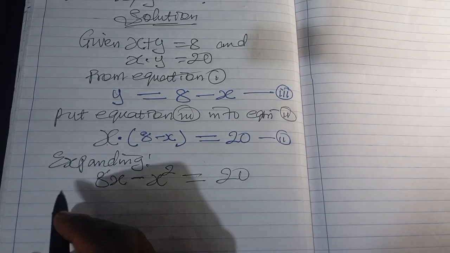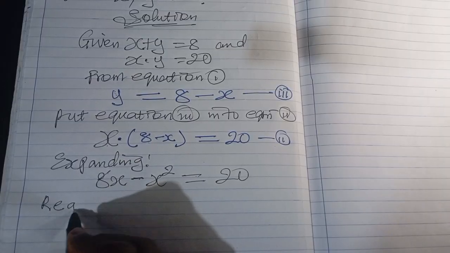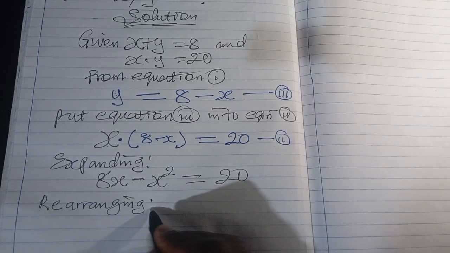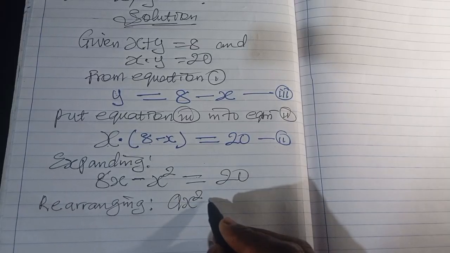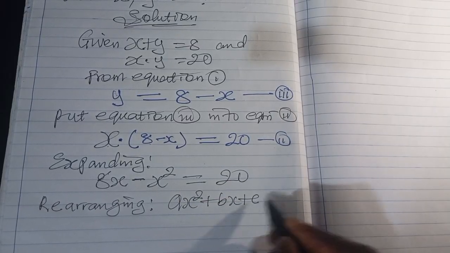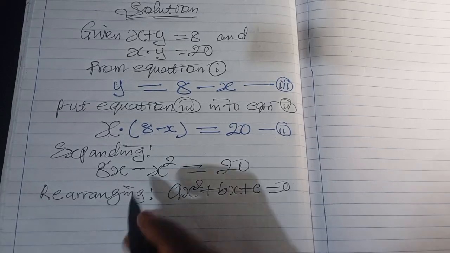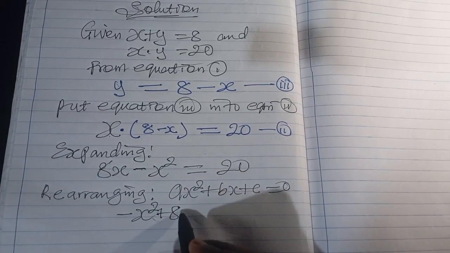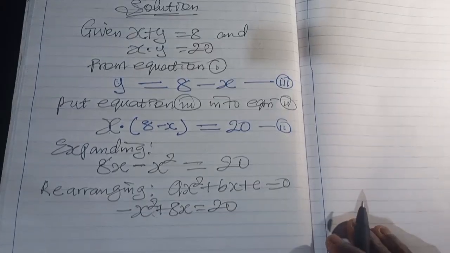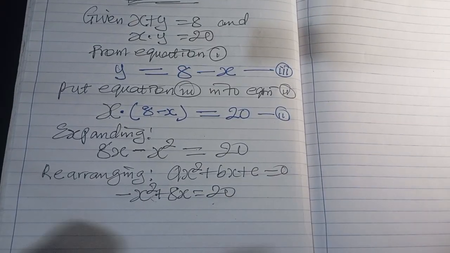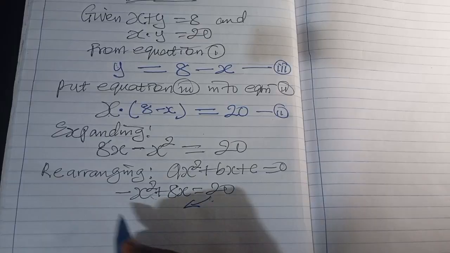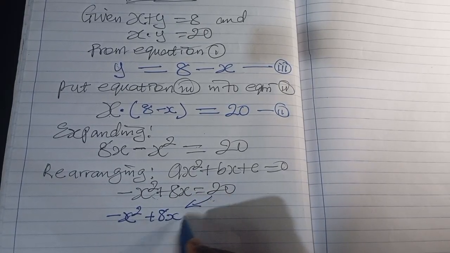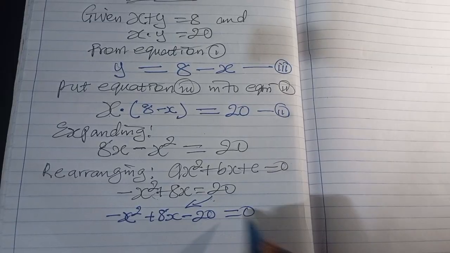Okay, so rearranging so that we can have something like ax squared plus bx plus c equals 0. So I can have here minus x raised to power 2 plus 8x is equal to 20. So that when this 20 crosses the equality sign, you have minus x raised to power 2 plus 8x minus 20 equals 0.